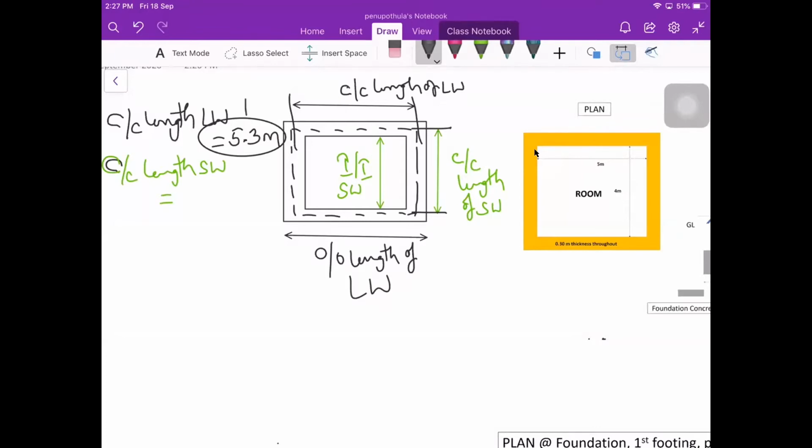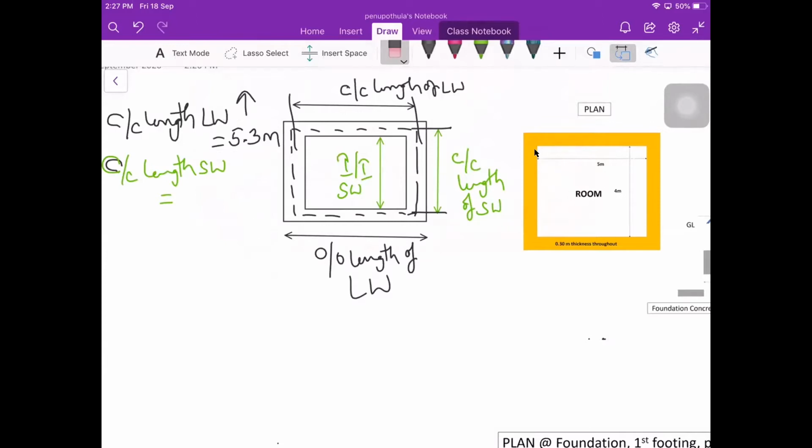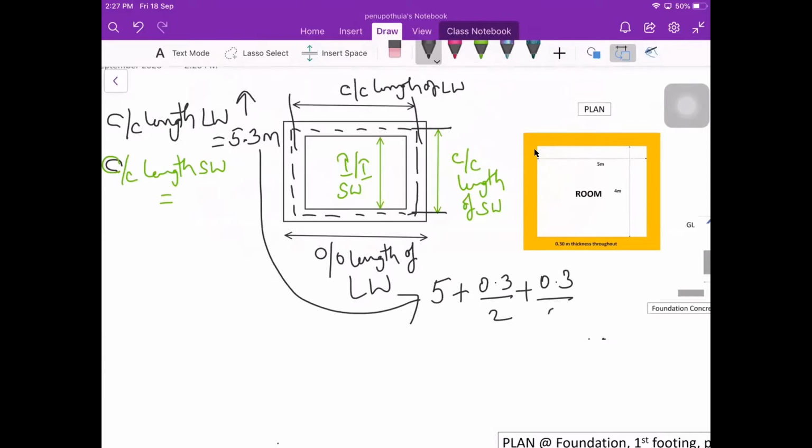It is a split: 5.3 is 5 meters, which is the in to in distance of the long wall, plus 0.3 by 2 plus 0.3 by 2. This is the split.